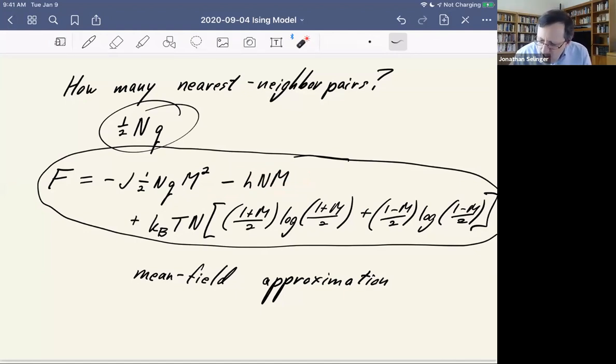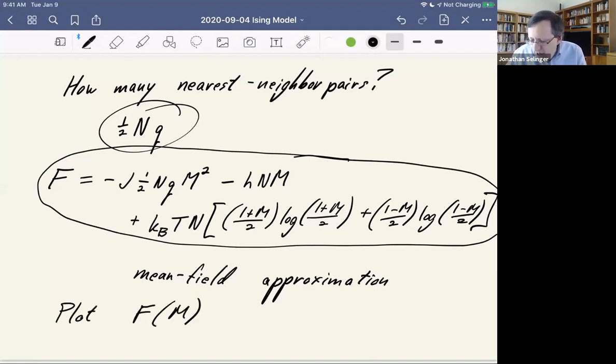And so let's say we want to make a plot for f as a function of m for h equals 0. But I will have a non-zero, specifically a positive value of j.